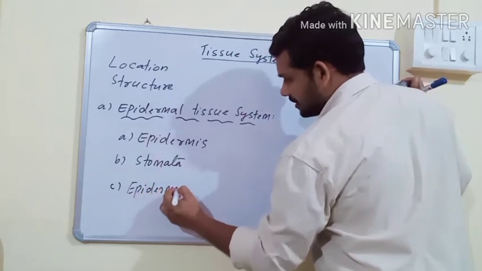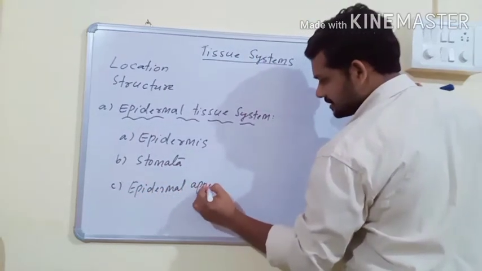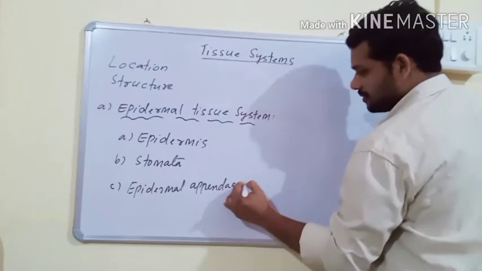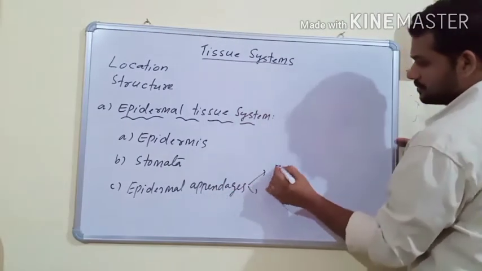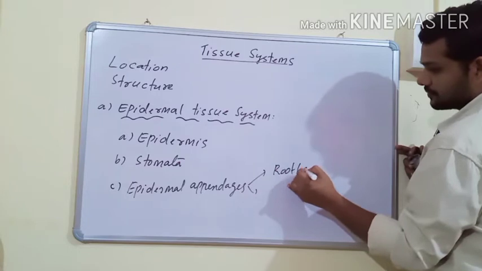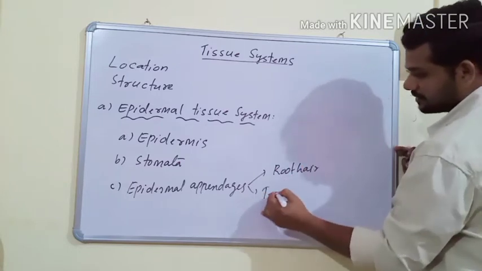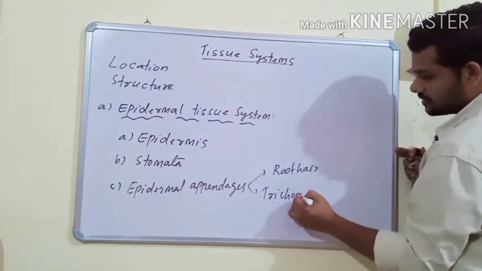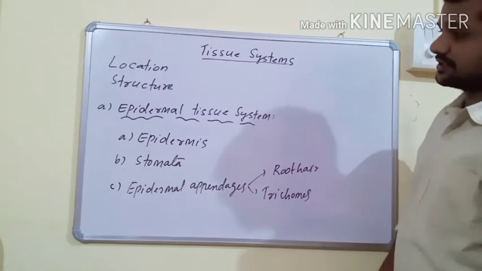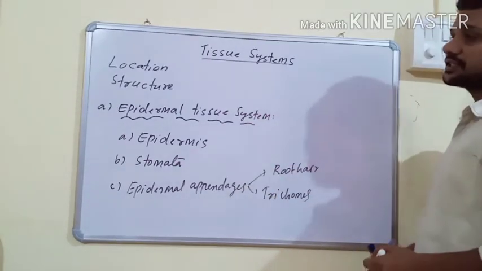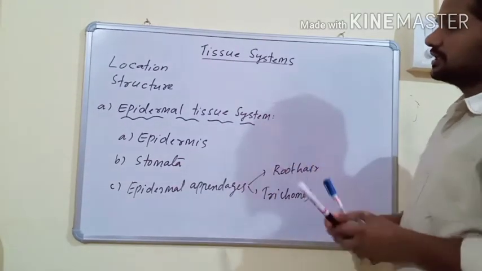Epidermal appendages are usually of two types: root hairs and trichomes. Trichomes are also known as stem hairs. So these are the various tissues of the epidermal tissue system.